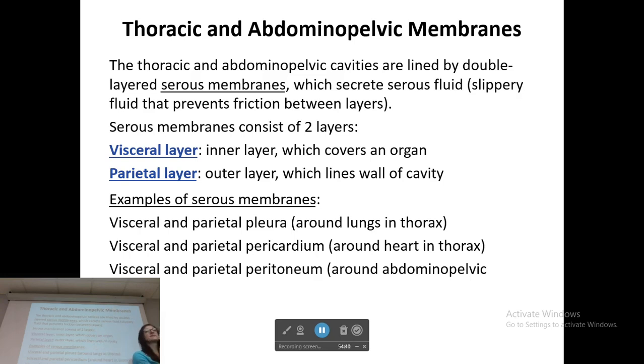The part of this bag that is touching my fist would represent the visceral pericardium. The outer part here represents the parietal pericardium. And all of this would be within that pericardial cavity.